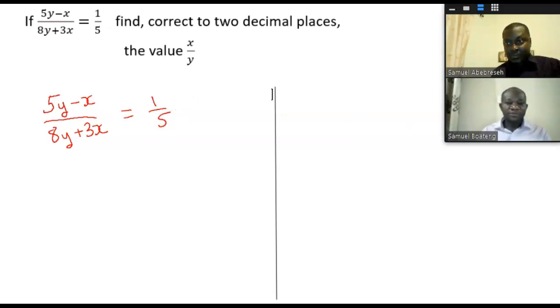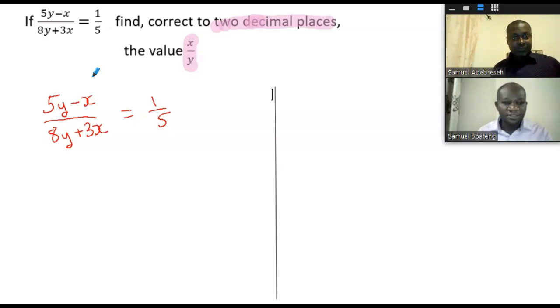Okay, we are to find x on y, writing our answer to 2 decimal places. So the emphasis is on 2 decimal places. Well, let's see how we are going to do this.